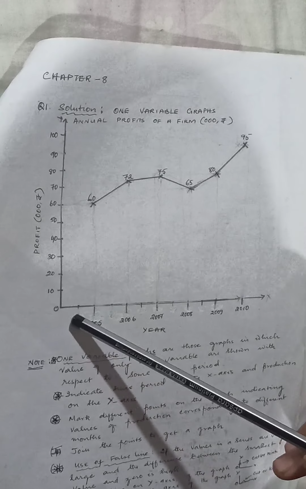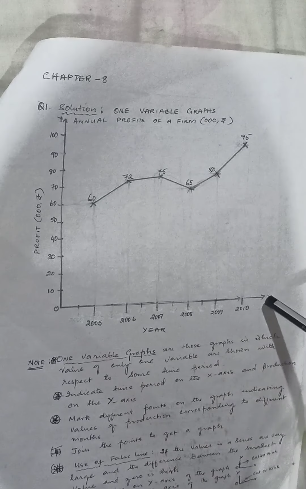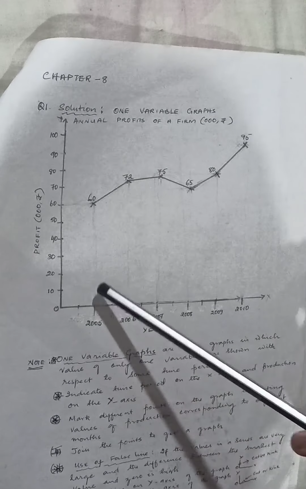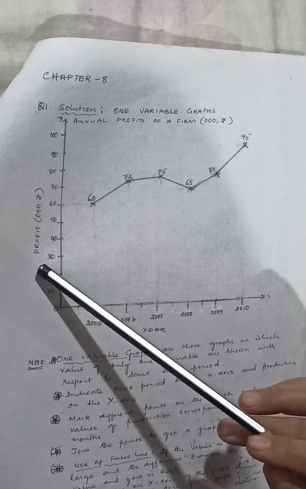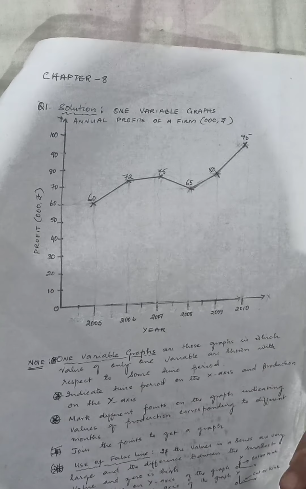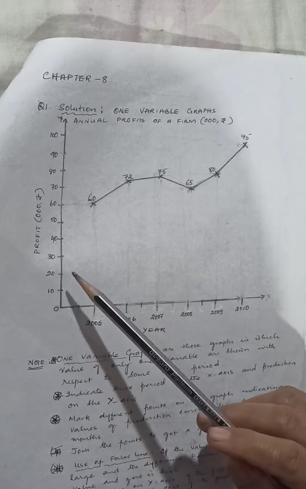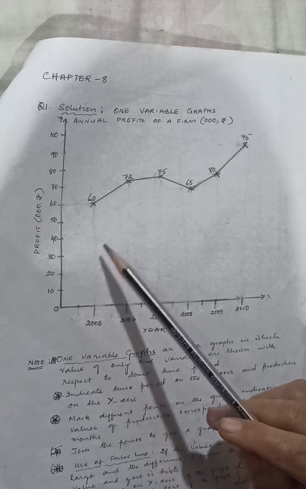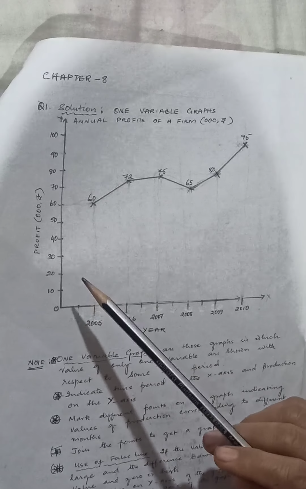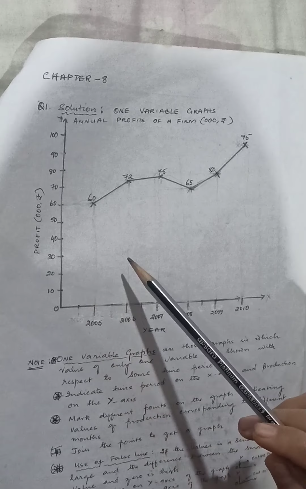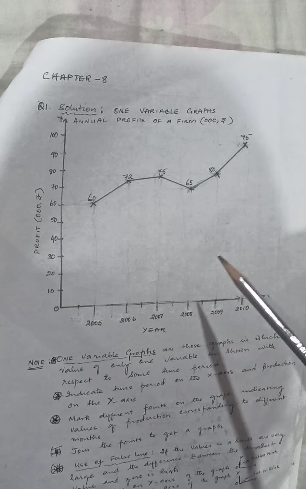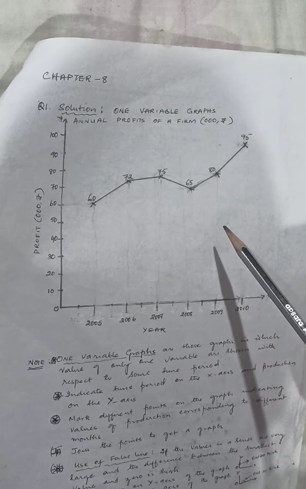As I already mentioned, the x-axis represents time and the y-axis represents production. In this question, it gives the year and then the production, which is profit. Here the profit starts from 60 to 95 thousand rupees.